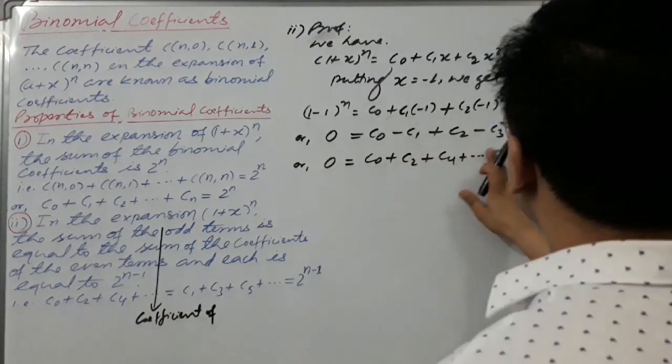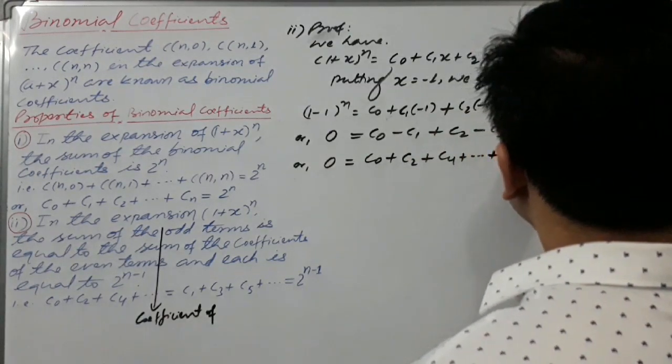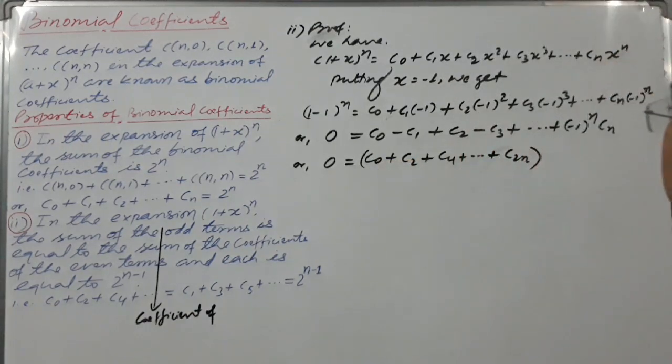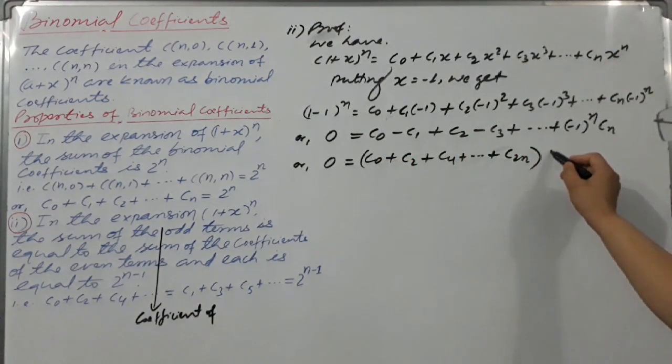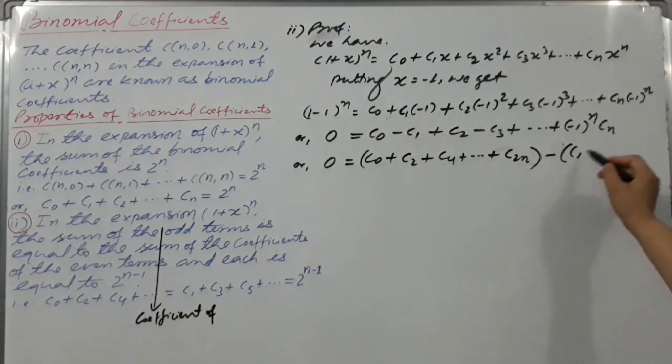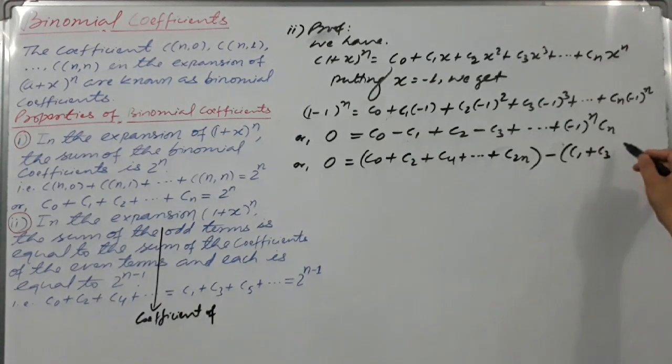So definitely, here you will have your C2, and you can say, minus. You can take minus common: C1 plus C3 plus C5 plus dot dot, and here you will have C raised to power 2n minus 1.